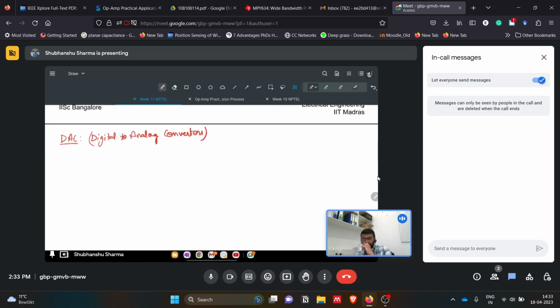Basically, in simple form, we can say we are giving a digital signal of n bits to this DAC, and we are getting some analog, continuous signal.